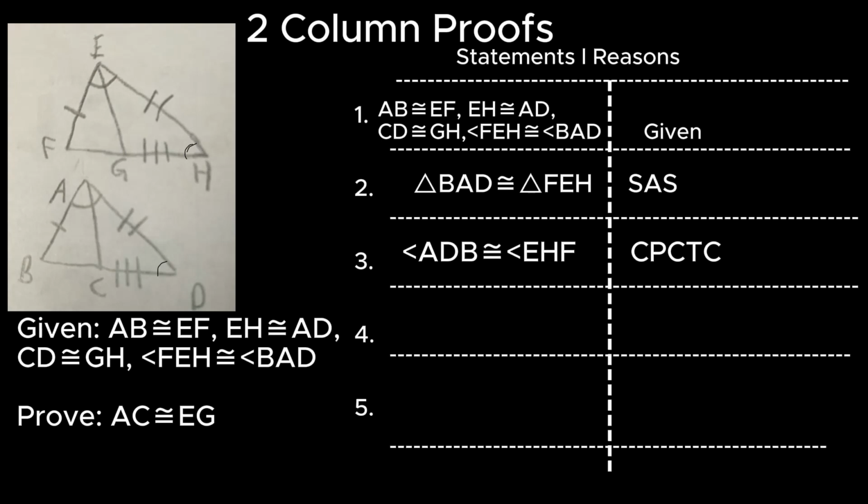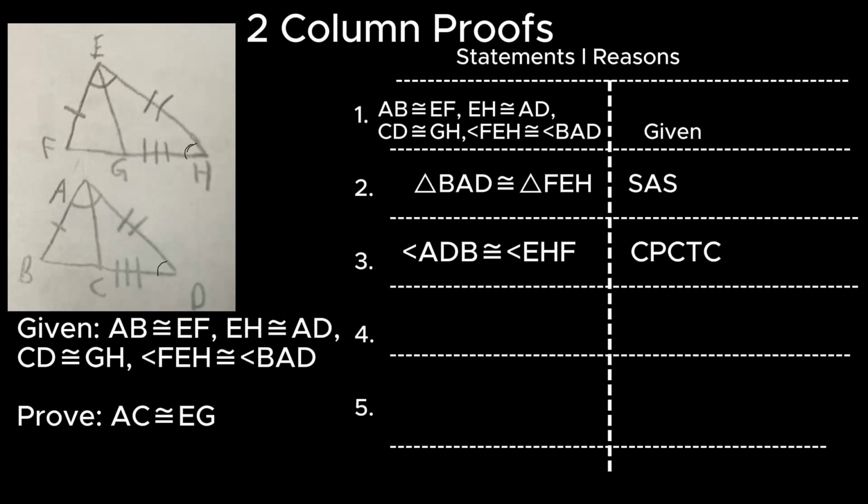And now you can take a look at what we did. We proved that this angle is congruent to the other angle. And when we take a look at this tiny triangle, so triangle EHG and triangle ADC, we can use the SAS postulate to prove that these two triangles are congruent, because AD is congruent to EH, that's one side.